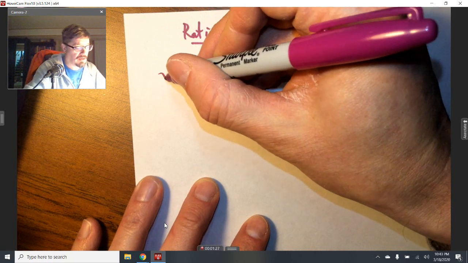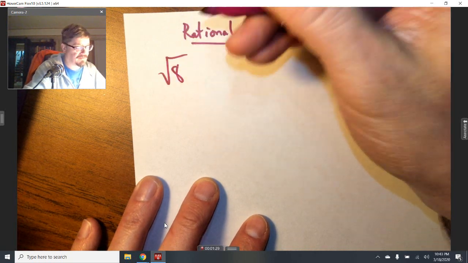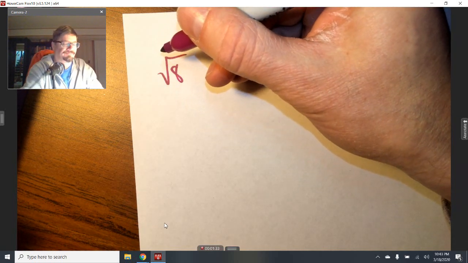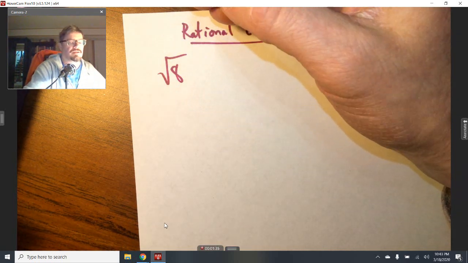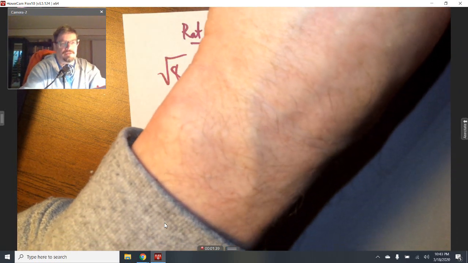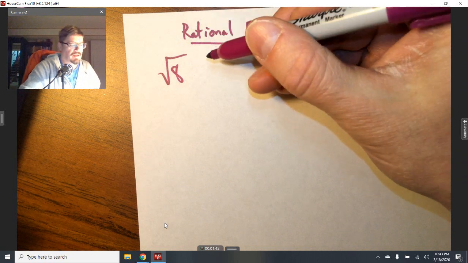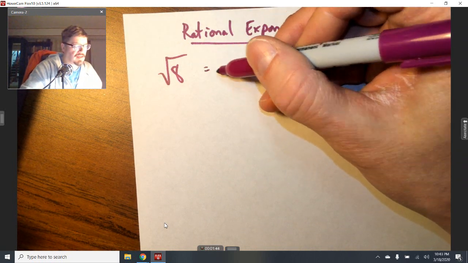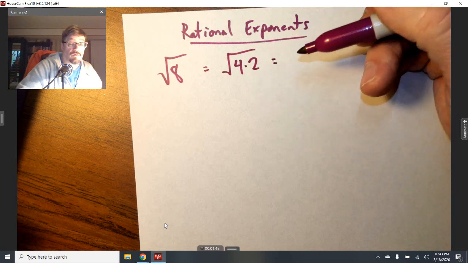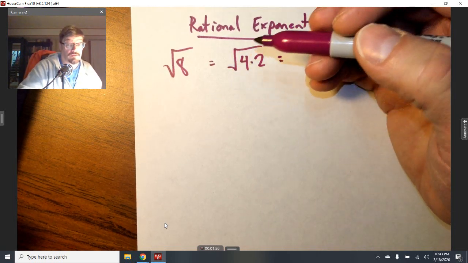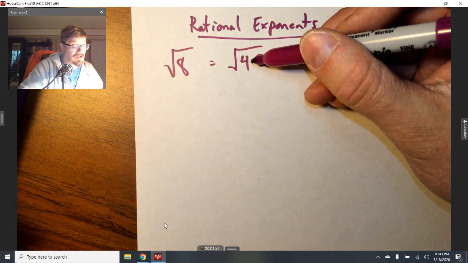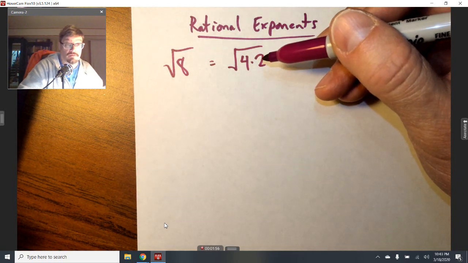For example, let's say that I have the square root of 8. Let's do it old geometry style. What would we do with the square root of 8? We would say that the square root of 8 equals the square root of 4 times 2. Then we can take the square root of 4, because inside 4 is a pair of 2's.